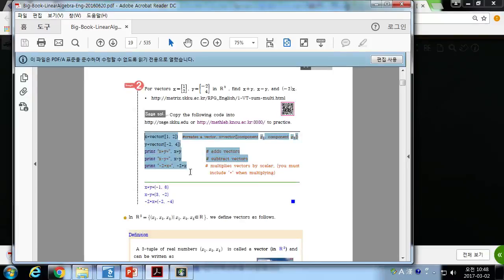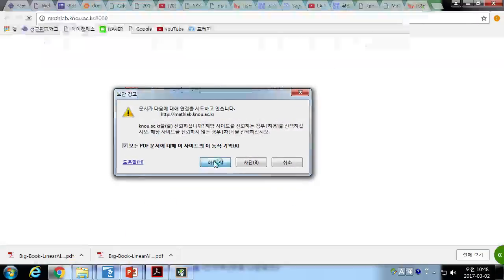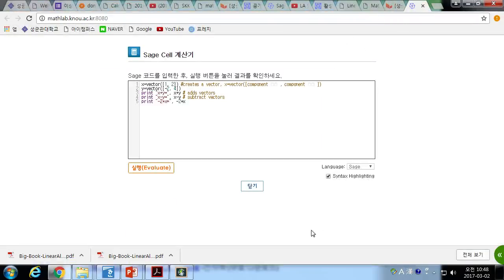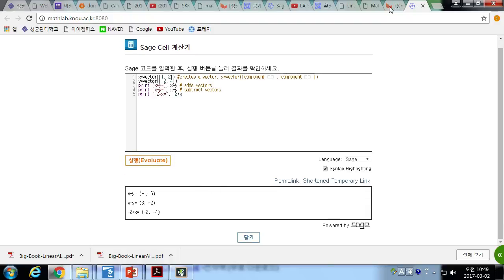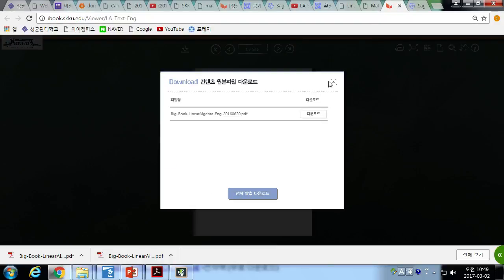You can copy the code to do the computation in here like this. So this is not only an ebook, but it also has the full function that you can utilize to copy or paste, and also has a tool to compute and simulate everything that you need to do with the book.